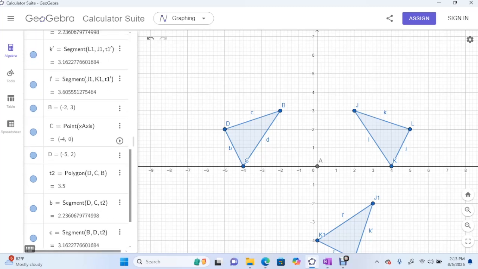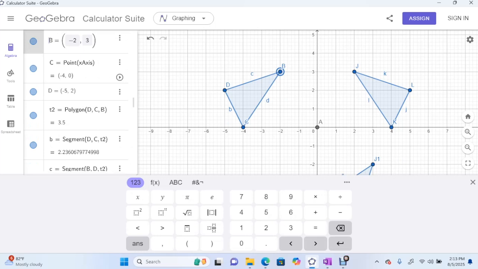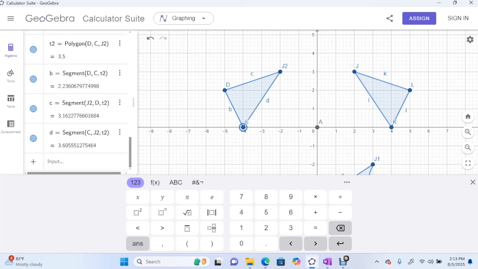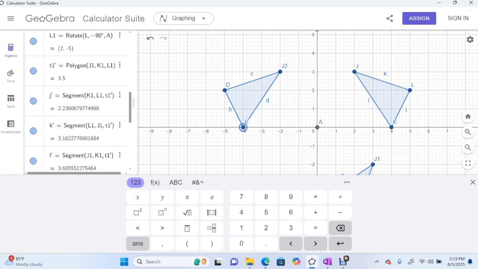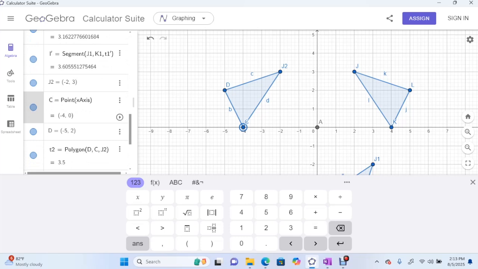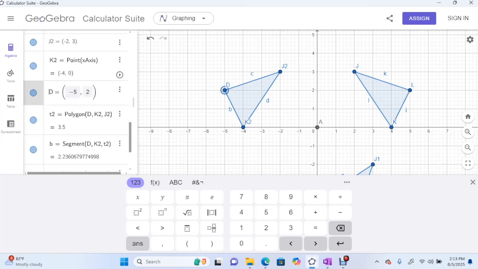So B is supposed to be capital J2, then the C has to be K2, and then the D becomes our L2.